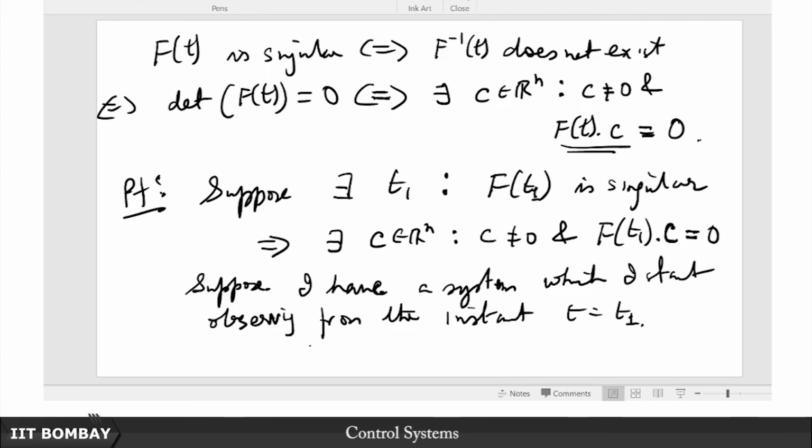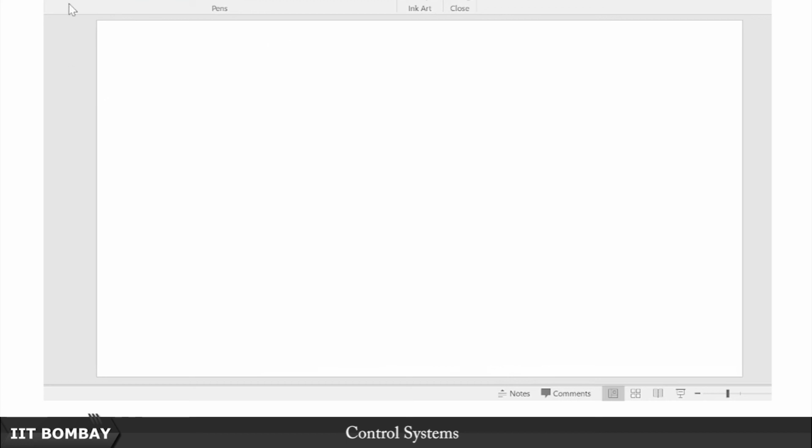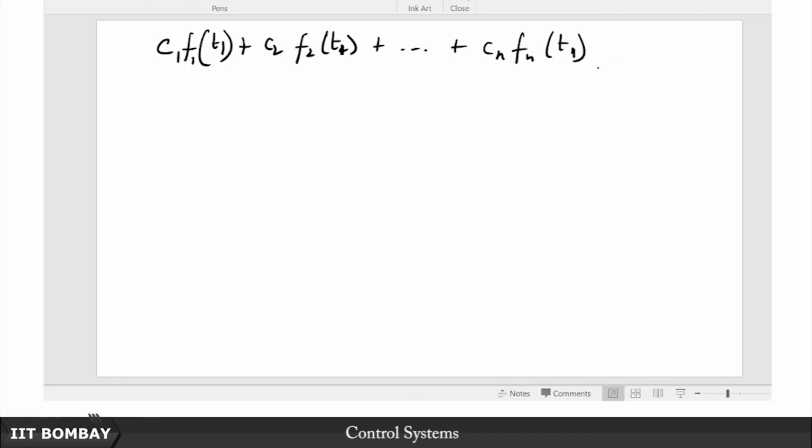My possible initial conditions could be C1 times f1 of t1 plus C2 times f2 of t1 plus dot dot dot till Cn times fn of t1, where C is equal to C1, C2 dot dot dot till Cn.